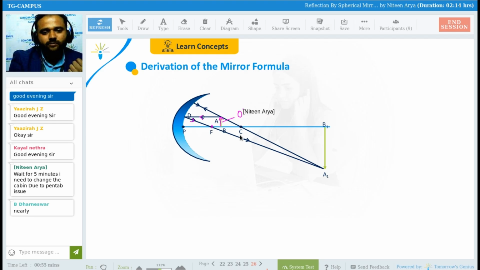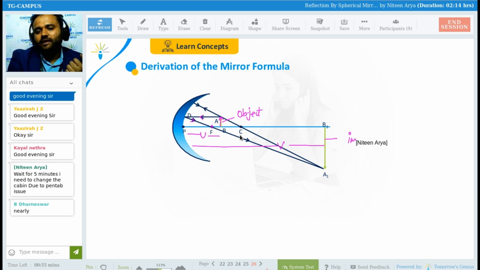So this is your object, which is going to be u, and the image is going to be v. And as we can see, the image is below the horizontal axis, so it is real and inverted.